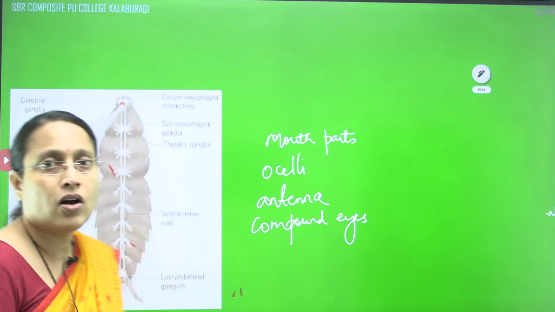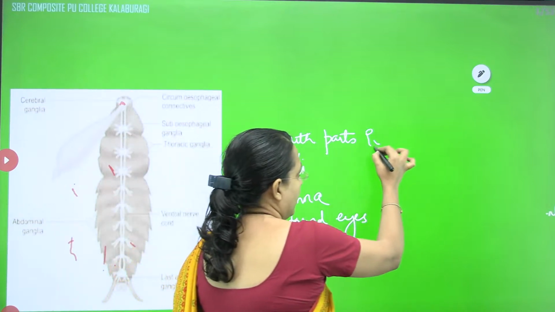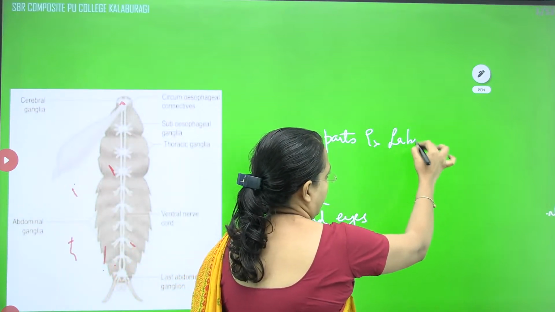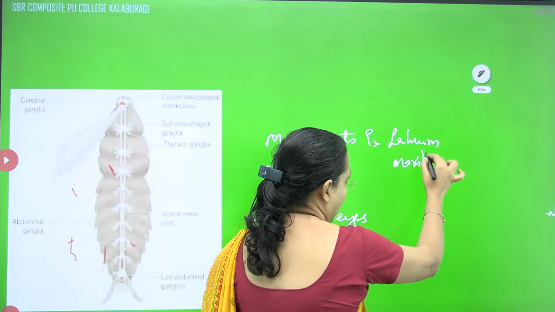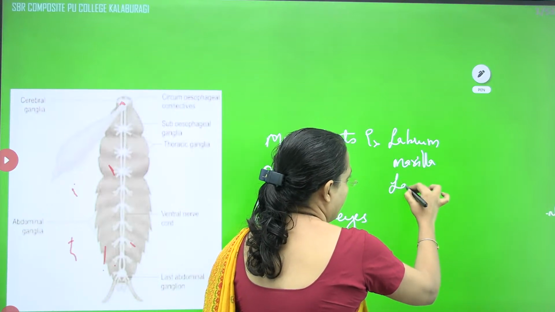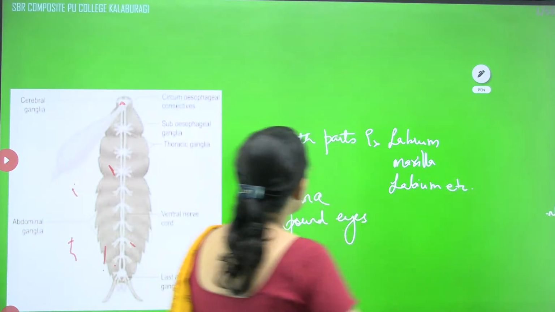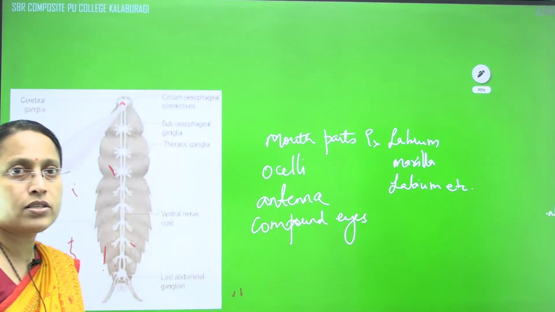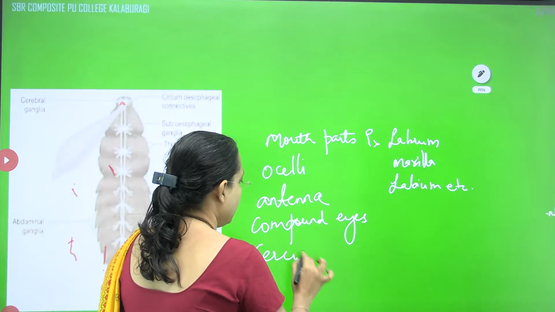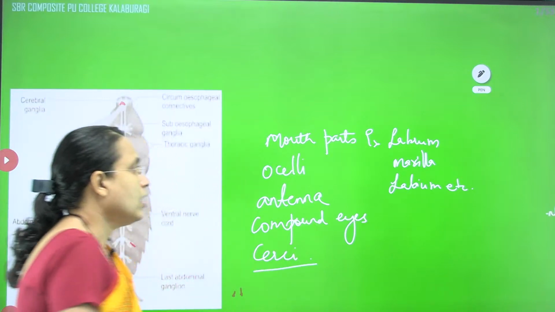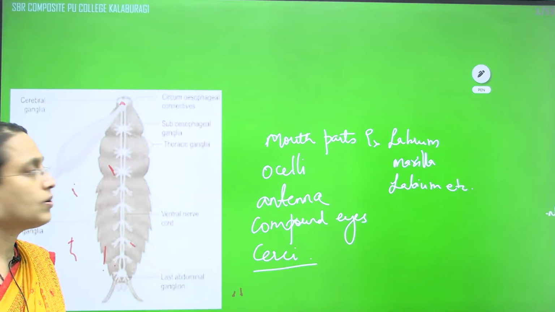These all are sensory in function. So for example, labrum, parts of maxillae, and labium are some of the sensory structures. Posteriorly, even the anal circus is sensory in structure. So these are some of the sensory structures present in cockroach.